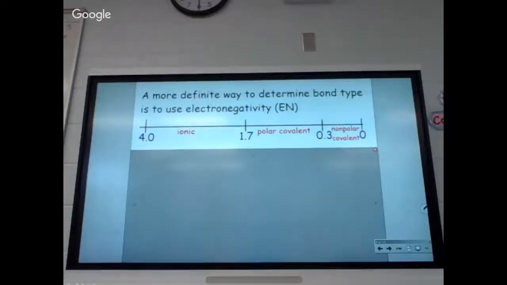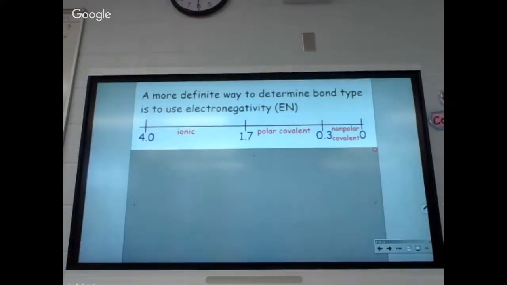Now, from 4.0 to 1.7 means you're an ionic bond. From 1.7 to 0.3 means you're a polar covalent bond. And from 0.3 to 0 means you're a non-polar covalent bond.